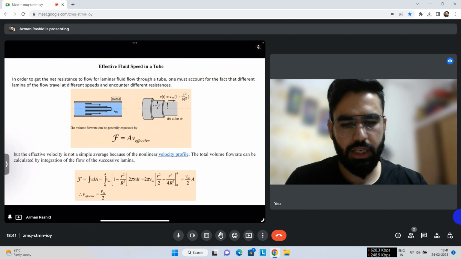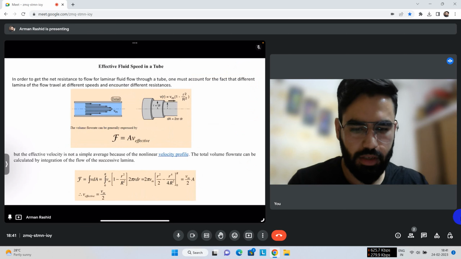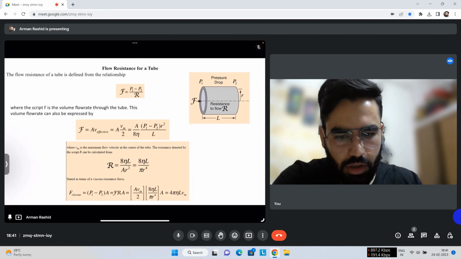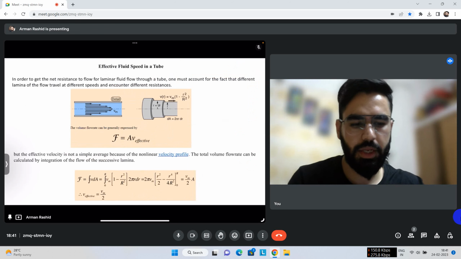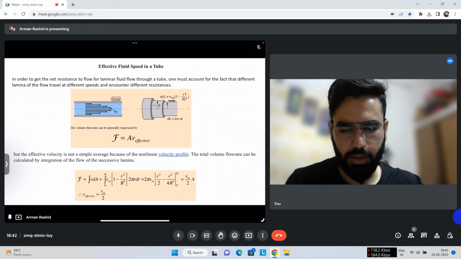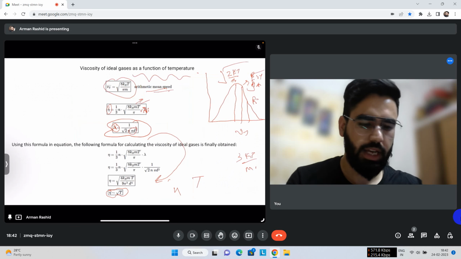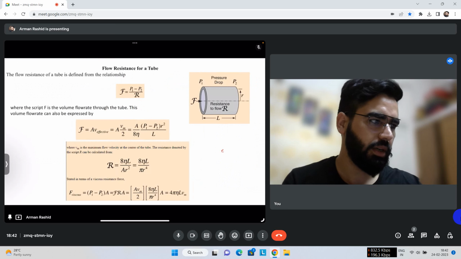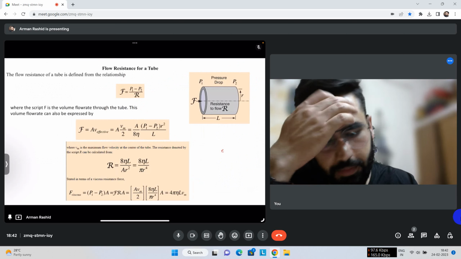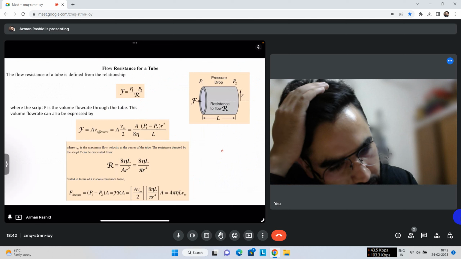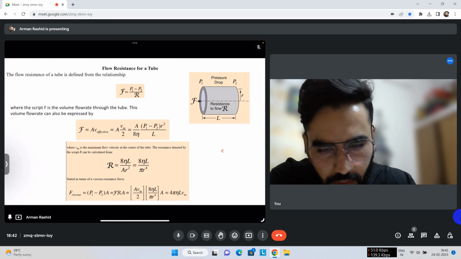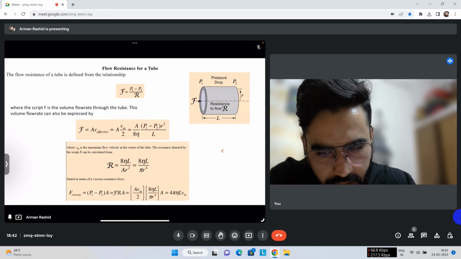Now there are another two concepts: how we can determine the flow resistance inside a tube, and also flow speed and Stokes law. As I have told before, once a fluid is passed through a pipe, different layers will be offered different resistance, and we want to calculate that resistance.